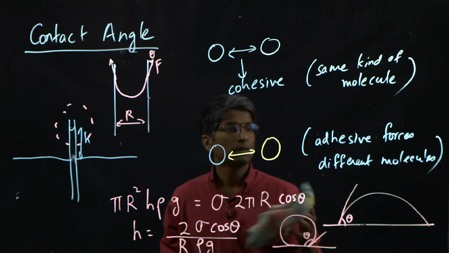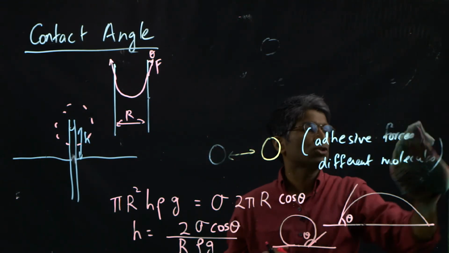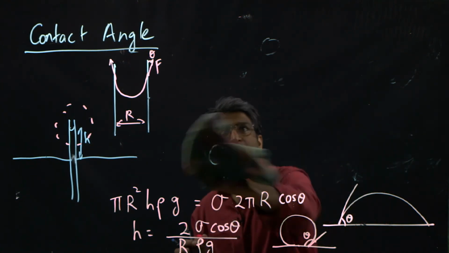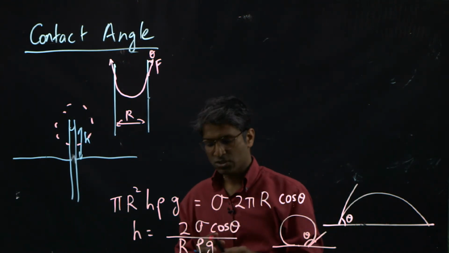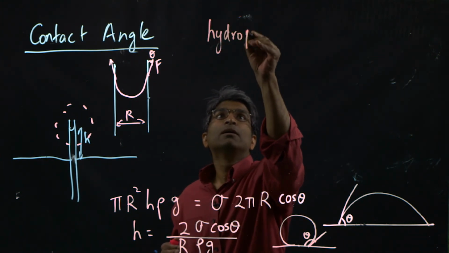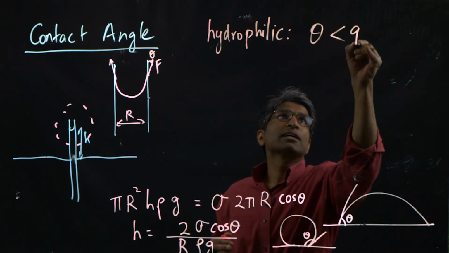So we get what is called either a hydrophilic behavior or a hydrophobic behavior. Hydrophilic behavior means theta is less than 90.